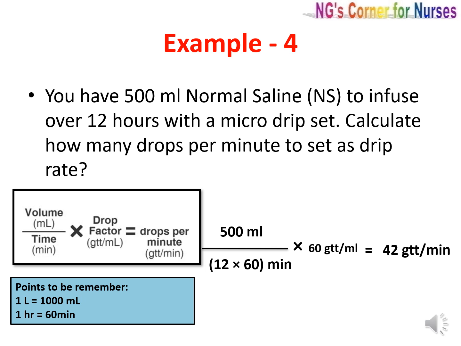And here the drop factor is 60 because we are using a micro drip set, and in a micro drip set the drop factor is 60 GTT per ml. By calculating this, we get the drip rate, that is 42 GTT per minute or 42 drops per minute.